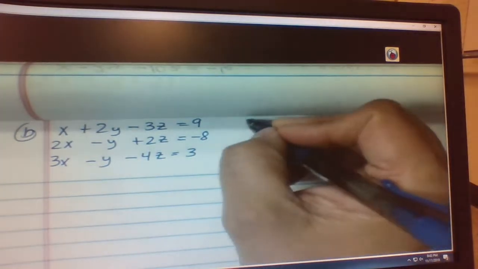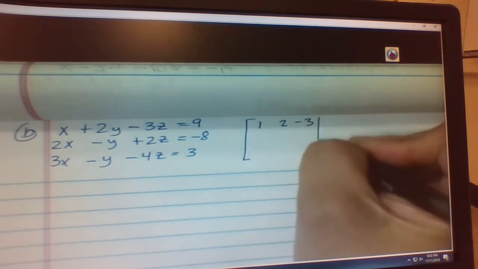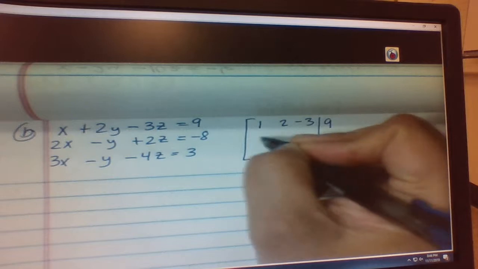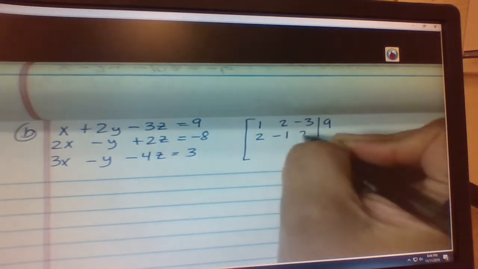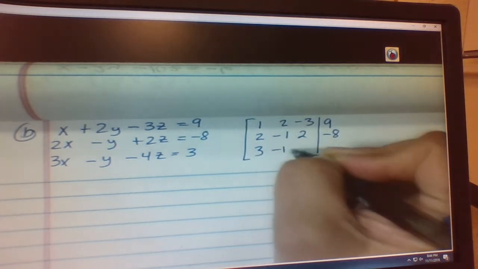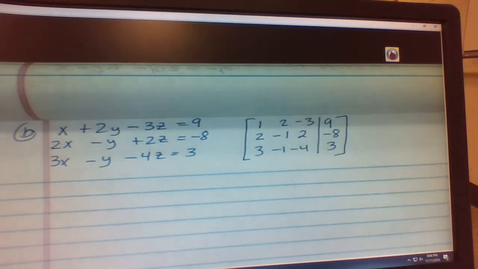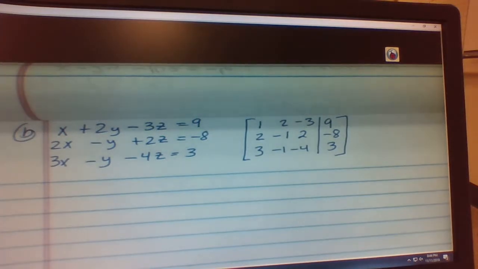So let's do that part. All right, so you don't interchange because your first entry is already a 1.